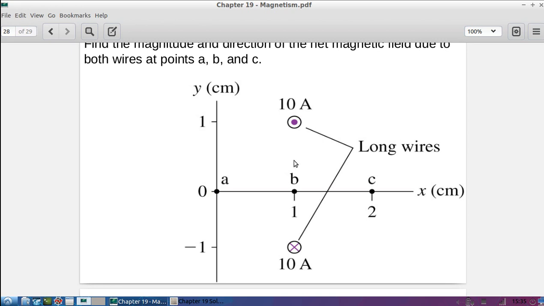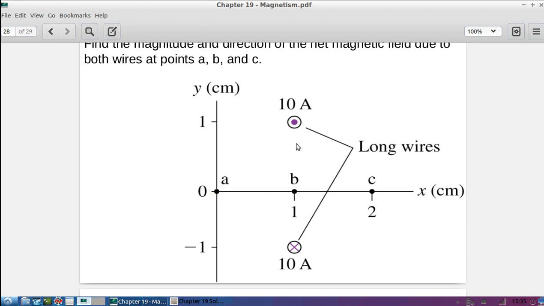1 centimeter, 1 centimeter. This is 1 times √2 centimeters. Now I was a geometry teacher back in the day, so I've got my special right triangles still committed to memory. If you don't, you can still use the Pythagorean theorem. So this is 1 squared plus 1 squared is equal to the hypotenuse squared.